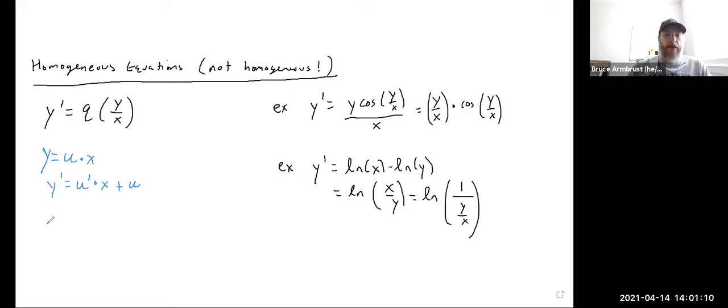So if you do that, this is going to give you u prime times x plus u equals q of u times x over x. All right, so those x's are going to cancel.